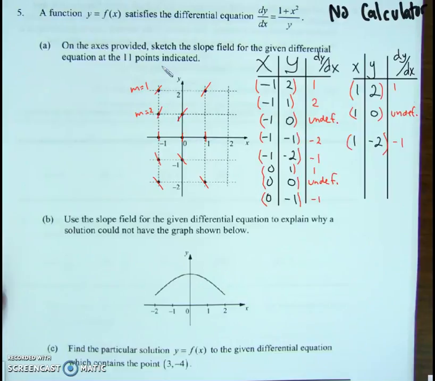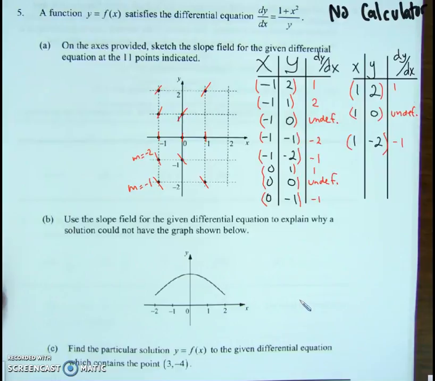You don't have to write m equals 1, m equals 2 next to the tangent lines, but a reminder that a slope of -2 should be significantly steeper than the slope of -1. When I compare the slope of -2 to the slope of -1, they're significantly different, with the slope of -2 being steeper. Alright, let's move on to part B.